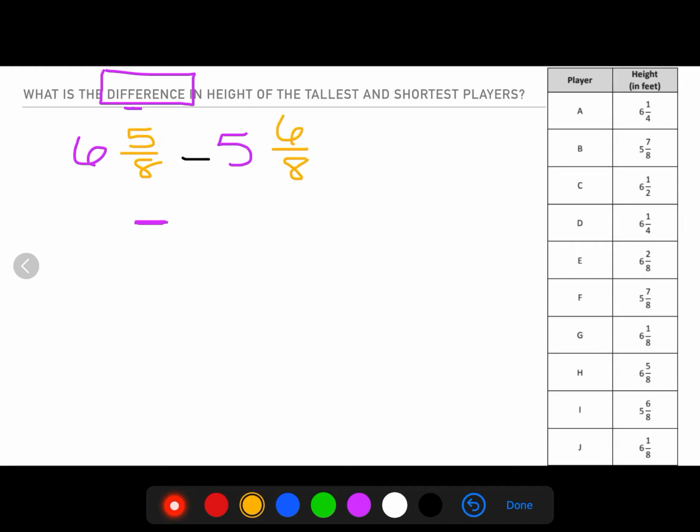And I need to find the difference. If I combine like terms, I would have 6 minus 5, which would give me 1. But 5/8 minus 6/8, I cannot do it, you guys.